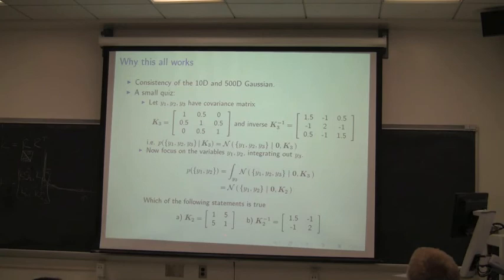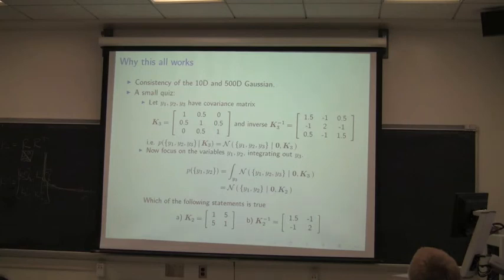And, well, how do we get there? How can we get from this K3, which has this inverse, to K2? Is it this matrix or this one? Do we know something about the inverse? Is it the inverse of this?